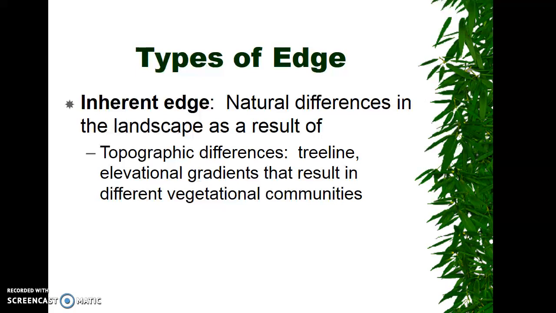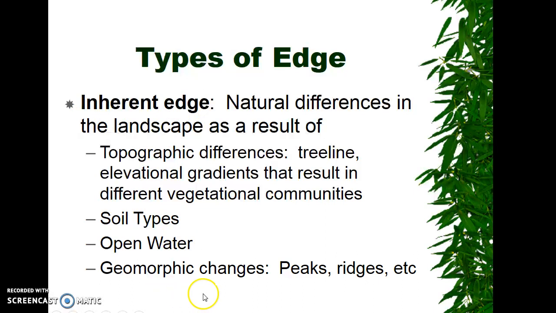You could think of edge as similar to ecotones, where two ecosystems are transitioning, but edge can also be at a much smaller scale. It may not be a transition into different ecosystems, it could just be a transition into different habitat types. Either way, you can have inherent edge that might be dependent on soil and water, geomorphic changes, things that occurred on the landscape without our interference.